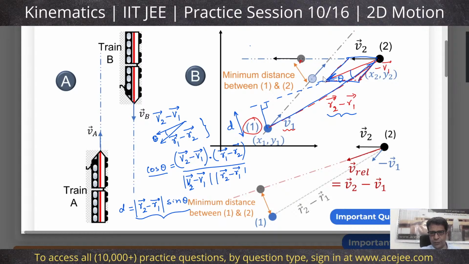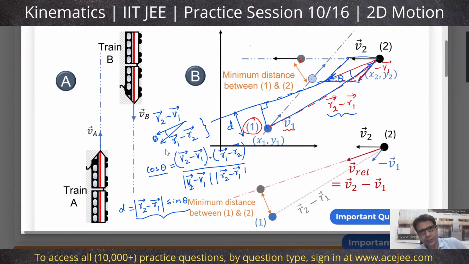According to particle 1, particle 2 will follow this path. That's how one will see it, relative to itself. Relative to the ground, they follow different paths, and 2 follows this path. But relative to 1, this is how one will see particle 2 passing by.